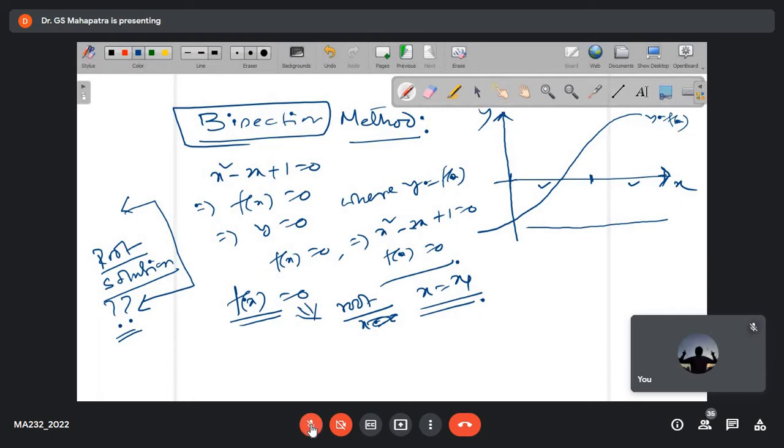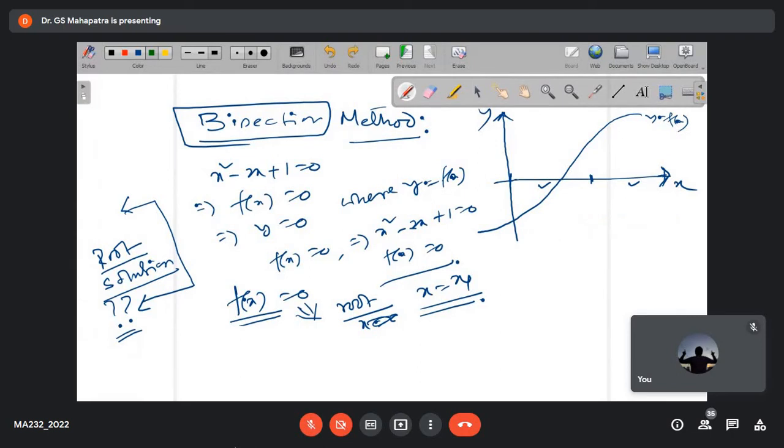No, not that curve. Now, I have drawn another curve. So the green one. What is the root? No root, sir. Fine. No root.